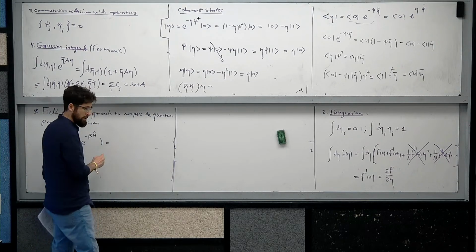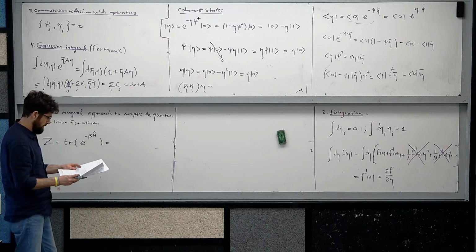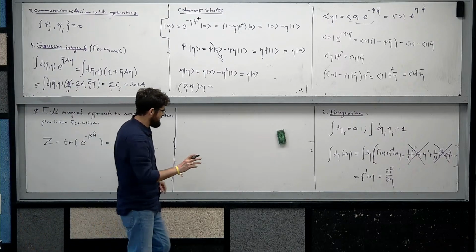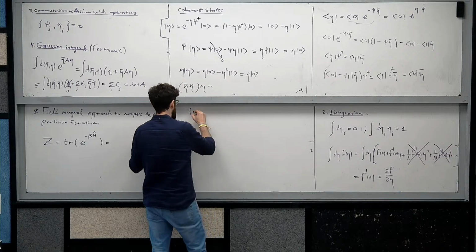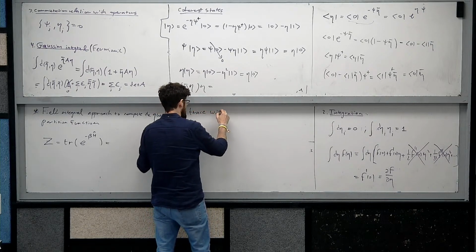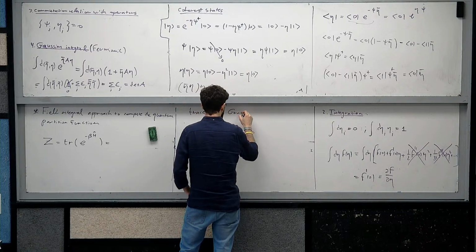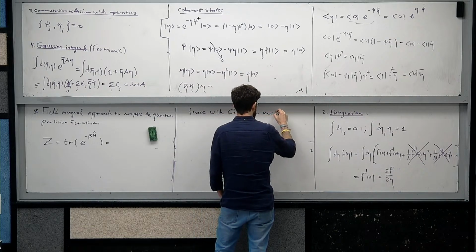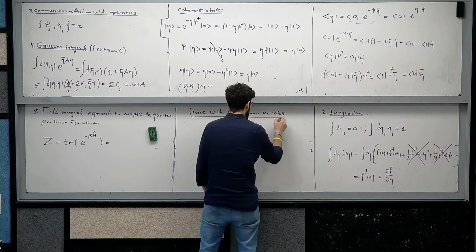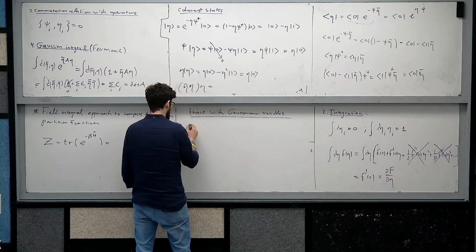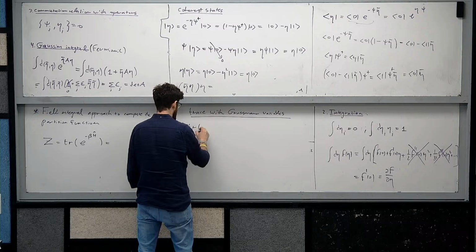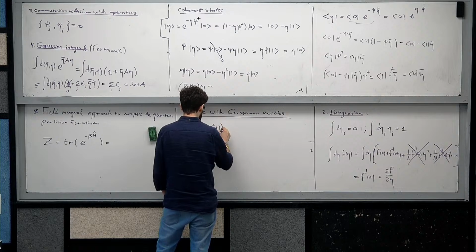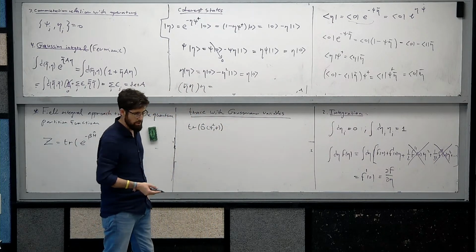Then we already defined this guy, right? Oh, shoot, I forgot something. One last thing. A trace with a Grassmann variable. To define the trace, we want to do like before. We had the trace of some operator, O, of say psi dagger and psi, and I want to compute its trace.